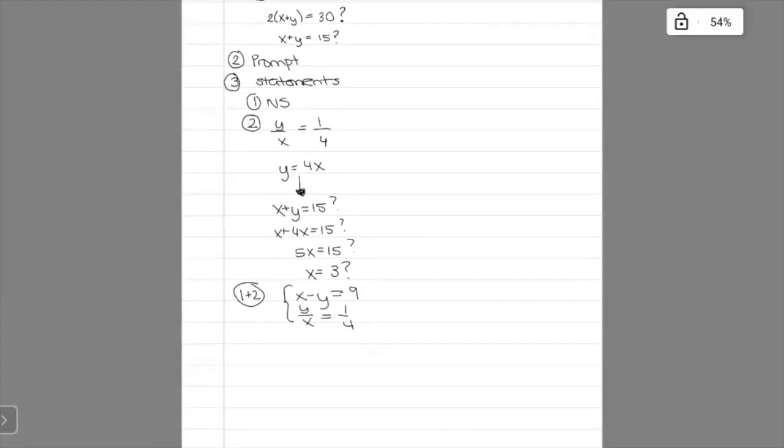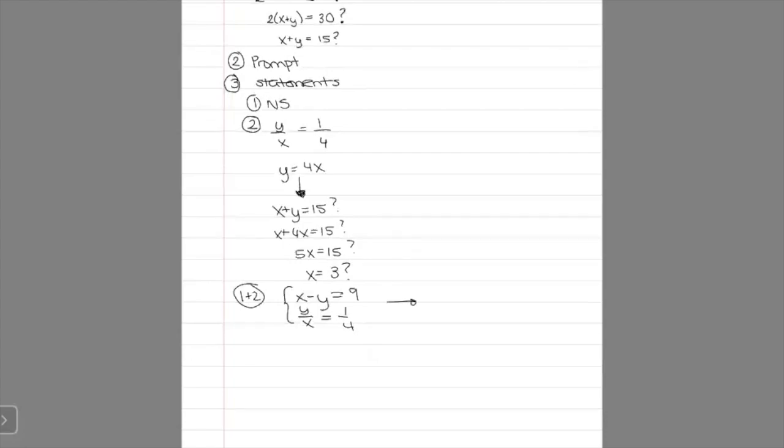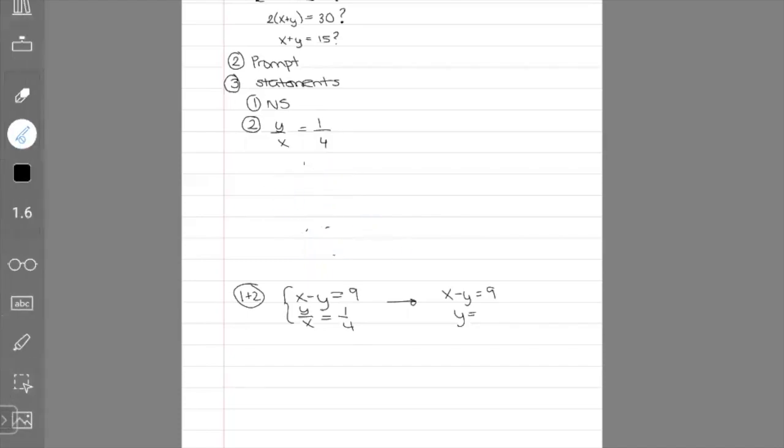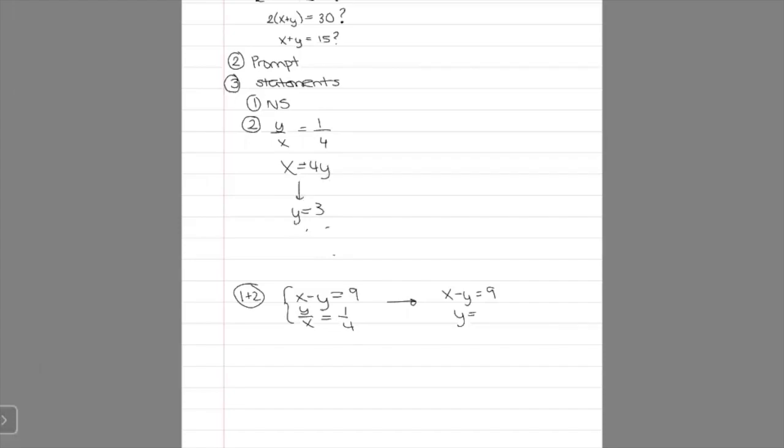So at the real exam, I wouldn't waste time finding the actual solution to x and y because it's just not required. But just to see it, we could say that x minus y equals 9. And then again, we had y equals 1/4 x. Or I guess I messed it up before. That was x over 4. So this was actually a bit off. So this was x equals 4y actually. But anyway, then you could simply put one instead of the other and just do a normal system of equations.